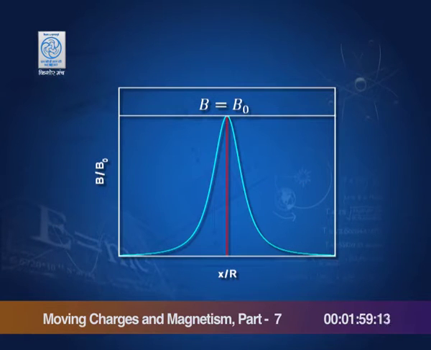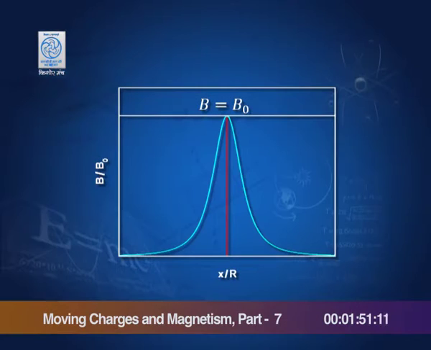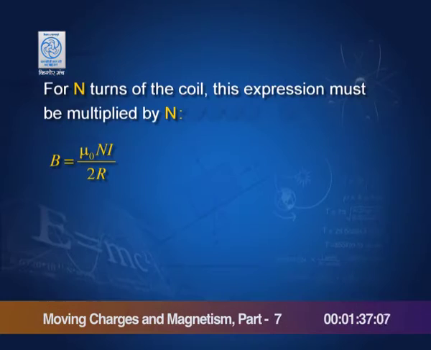And now, I just show you the plot of this magnetic field. I plot B by B 0, B 0 is the field at the center at x equal to 0. So, we plot the field and you see the field goes like this. It is maximum at the center and then decreases as we go along the axis.